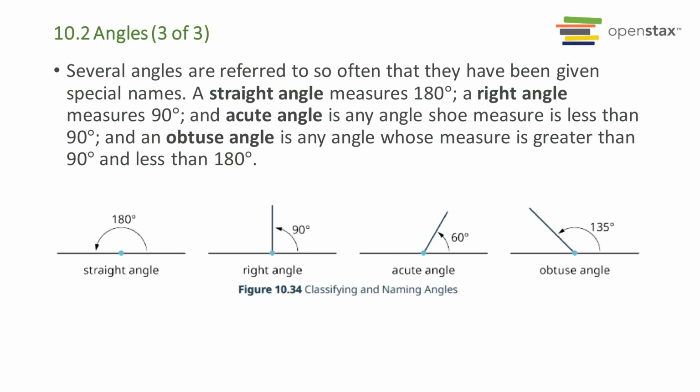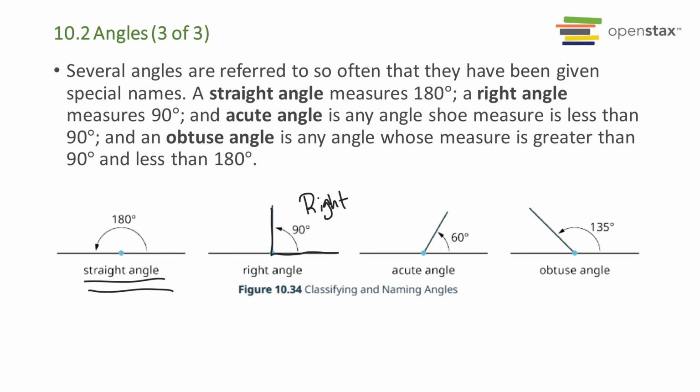So we have four distinct ways of classifying angles, two of which are special angles. In the first type, a straight angle is one that makes up a straight line, and it measures 180 degrees. The next is a right angle, which is 90 degrees.